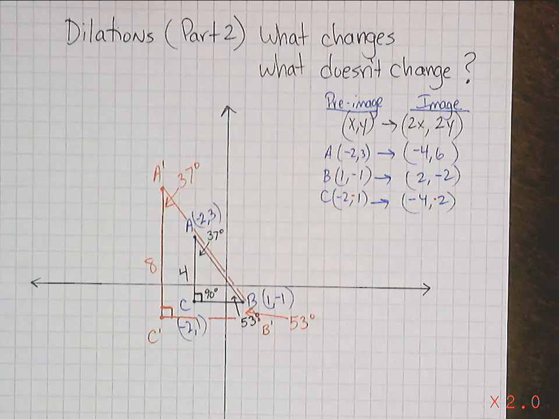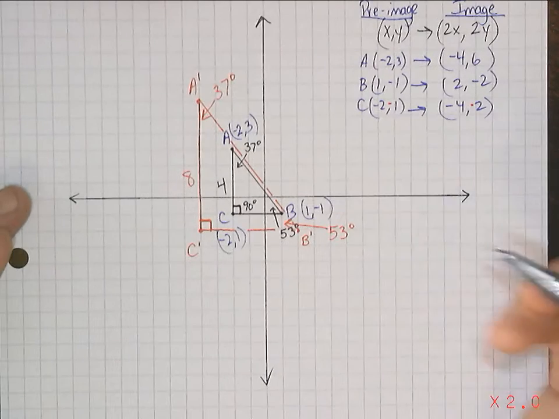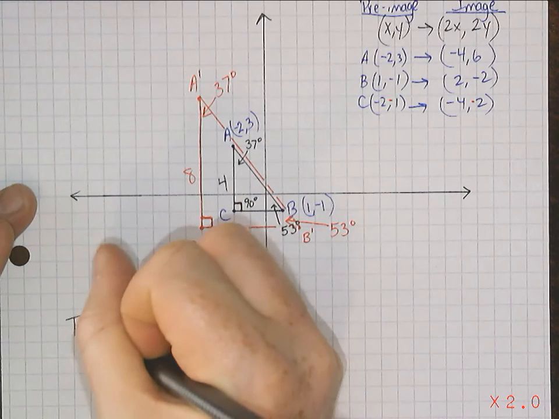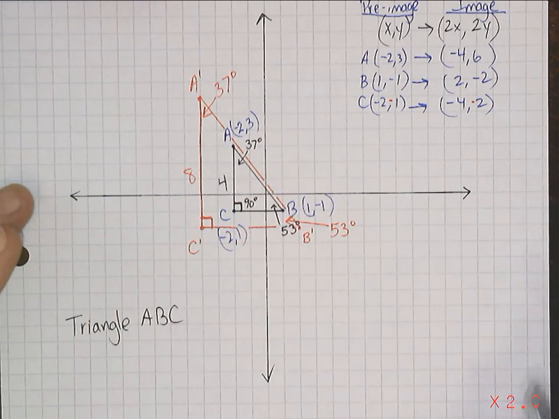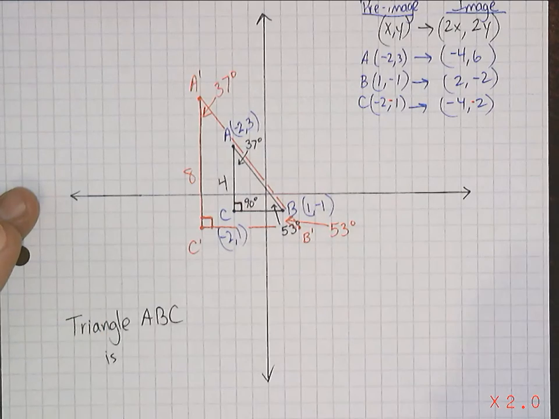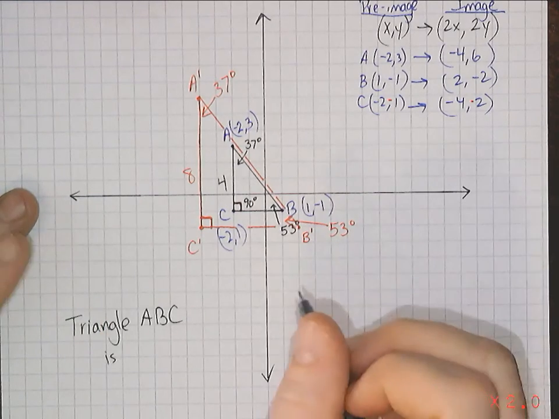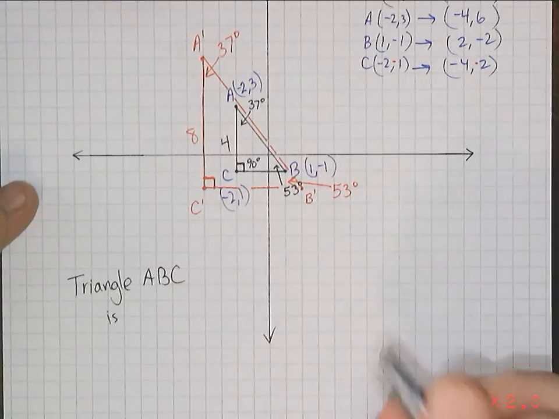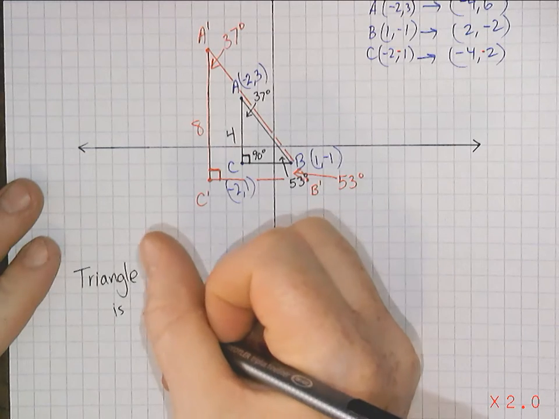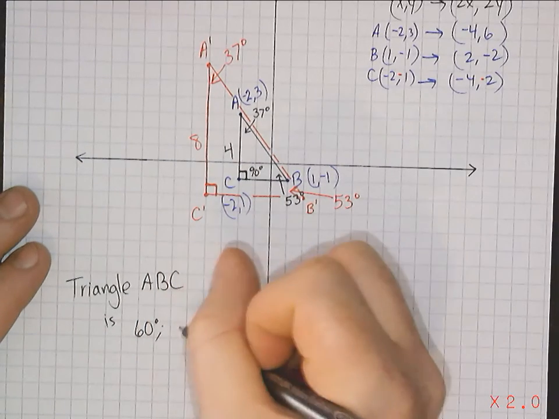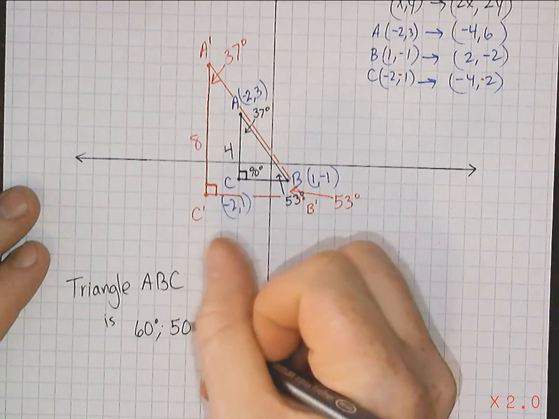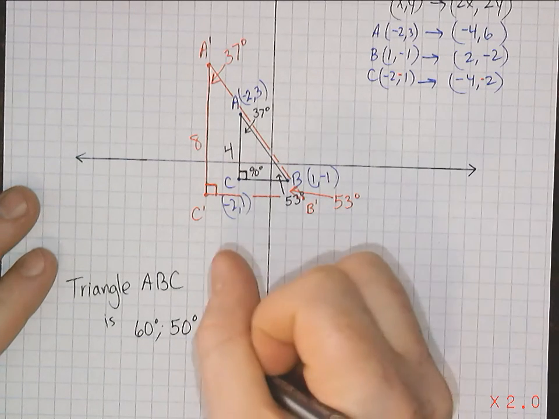So if you ever see a problem that says, hey, I've got two triangles, let's say triangle ABC is, I'm doing another example here, but let's say it was 60 degrees, 50 degrees, and 70 degrees.